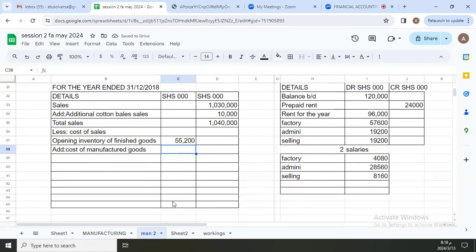So it is 1,246,920. So that is the cost of manufactured goods, which we shall take as our purchases. We are together? We less our closing inventory.